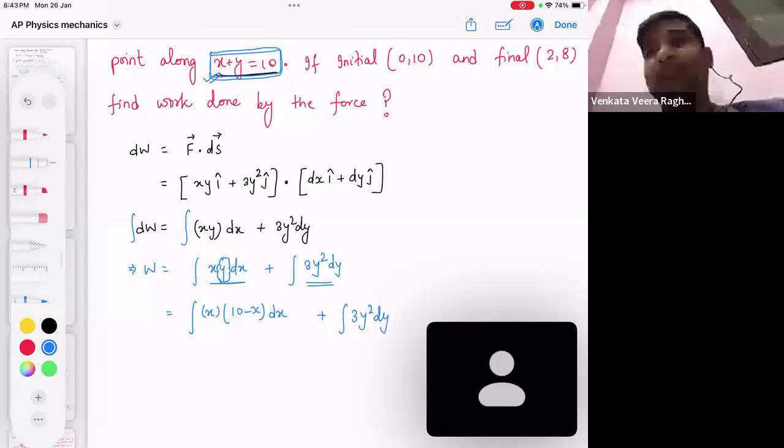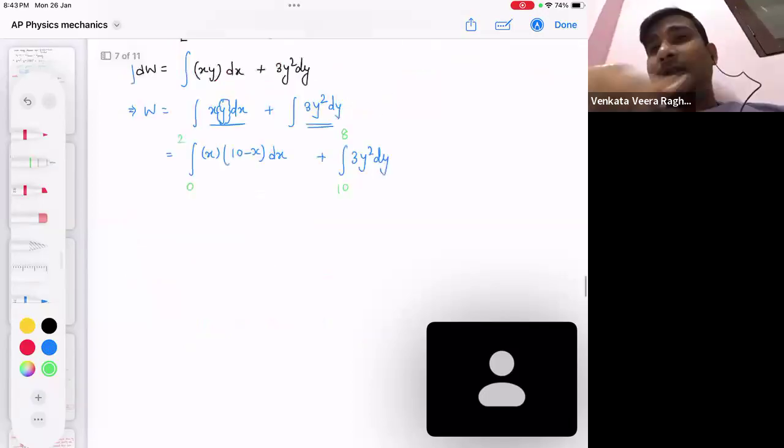Let's put the limit before integrating. x lower limit 0, x upper limit 2. Y lower limit 10, upper limit 8. The y integral from 10 to 8. Now this integration can be done.